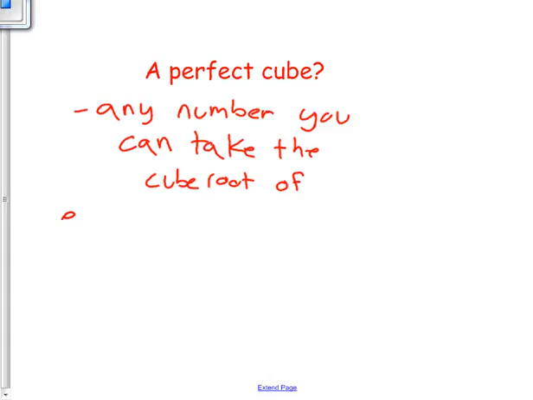So examples: 8, 27, 64, a really common one. That's basically something like x cubed, x to the 6, maybe x to the power 3.